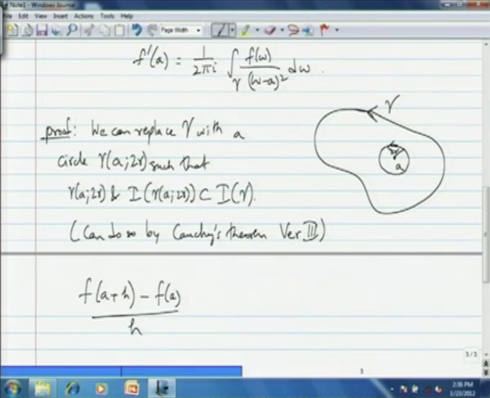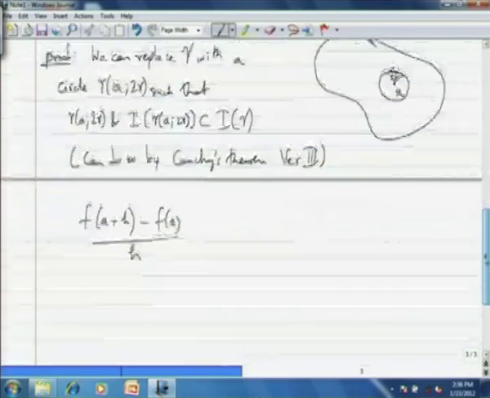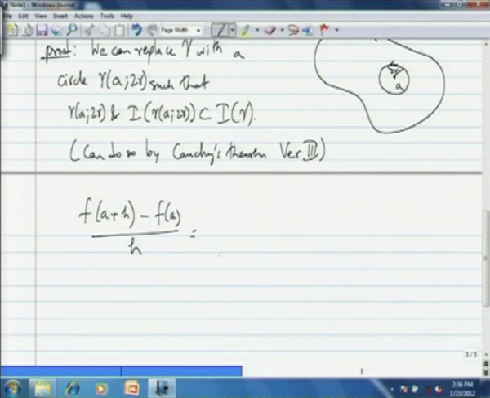in the limit will give you the differentiation of f. Using the Cauchy's integral formula for f, which we have already proved, this is 1/(2πi) times, well, there is this h in the denominator, and then the integral over this gamma_{a,r}.